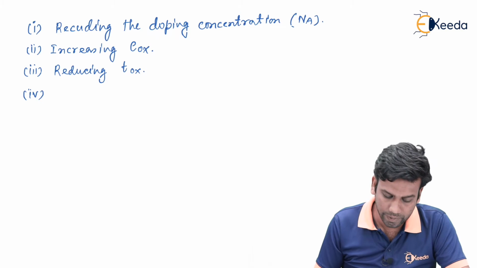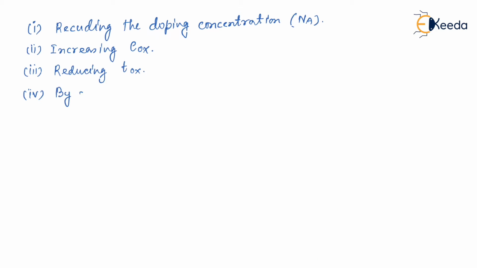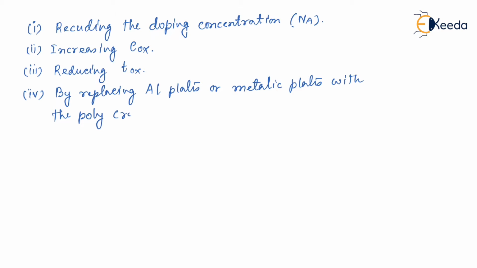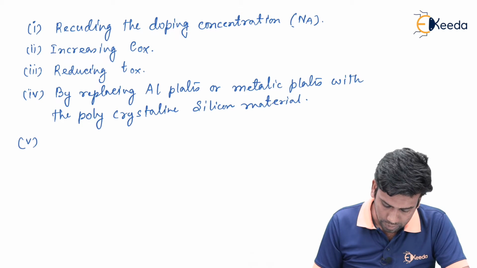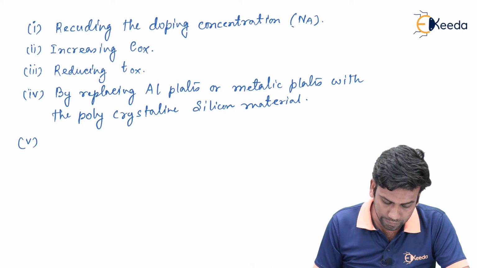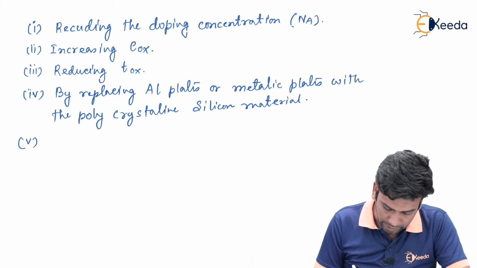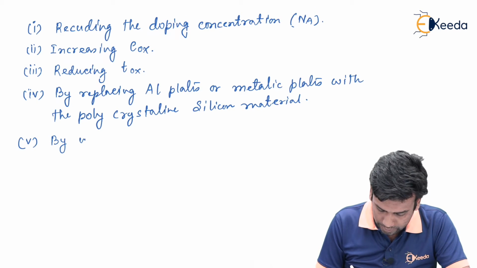And the next one is by replacing the aluminum plates or the metallic plates with the polycrystalline silicon material. The fifth one to reduce the threshold voltage is by using the ion implantation method.